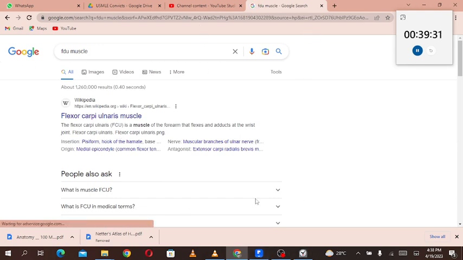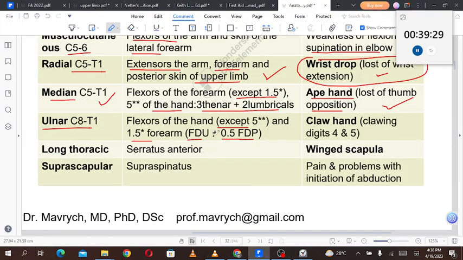That is flexor carpi ulnaris. It is going to supply the flexor carpi ulnaris and half of flexor digitorum profundus. Remember that if the ulnar nerve is damaged, it can cause claw hand, that is clawing of digits 4 and 5.